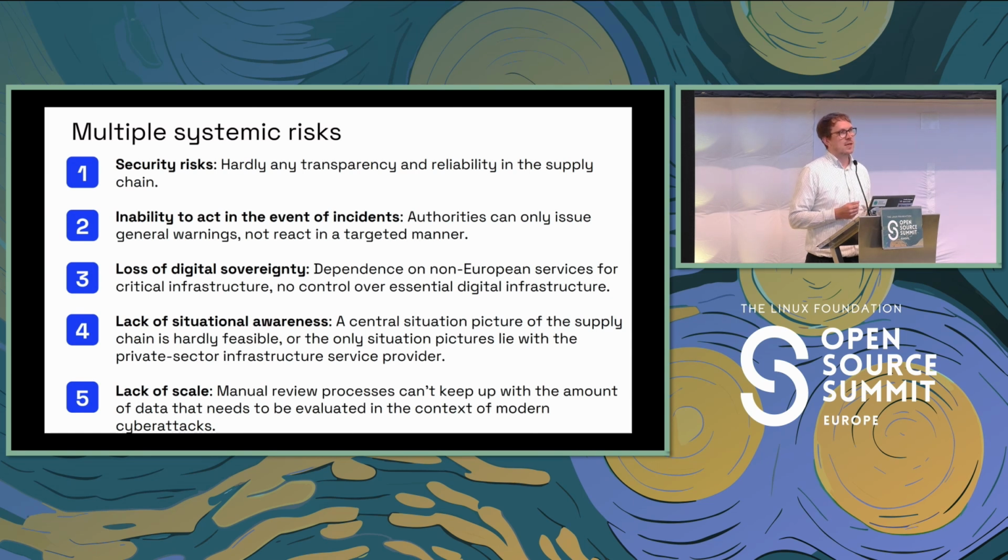We lose digital sovereignty when we lose the ability to look into the supply chains of this technology. It's not only about the products, it's also about the supply chains and the development environment. We don't have as much situational awareness as we should have in 2025. It means we know there's a lot of open source all around, but we don't know what kind of open source and which version is where within the whole public sector.